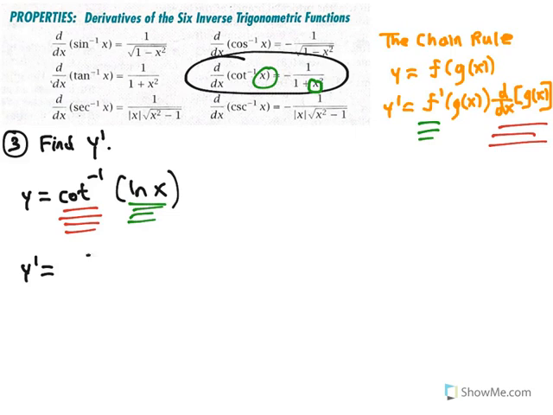So now we have negative 1 over 1 plus, and again, using the chain rule, we have to evaluate the derivative of the outside function at the inside function, which of course for us is natural log of x. So we have negative 1 over 1 plus the square of natural log of x.